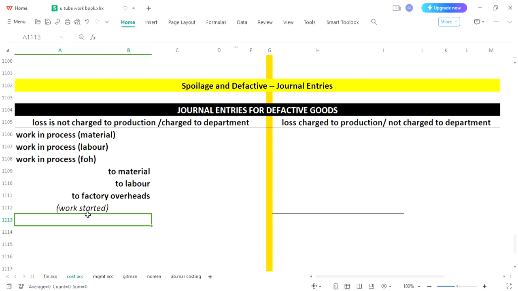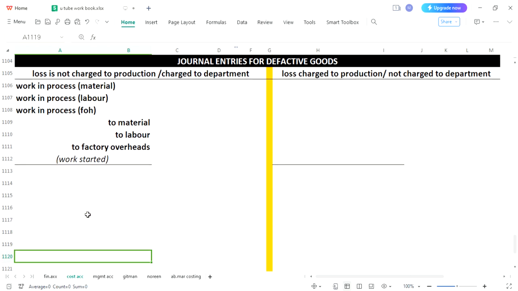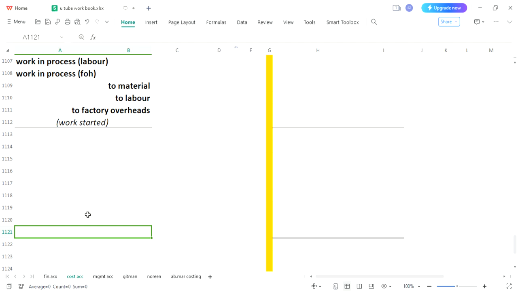Since it's not a serious damage, you will put some material, labor will come and try to clear that damage, and some factory expenses you have used, and the damage is cleared. Such damage would be recoverable. So in the second entry, you will show repair done upon defective goods.